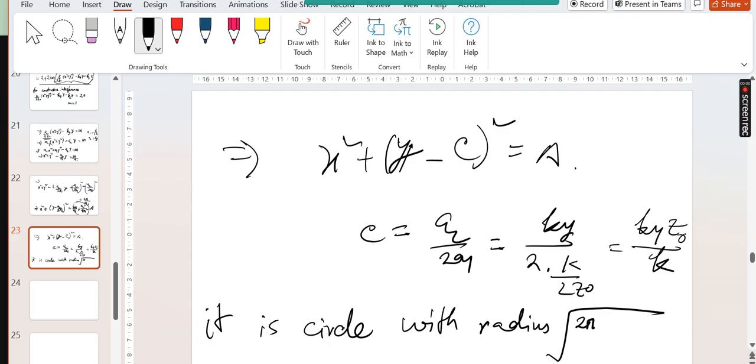2 pi into 2z naught by k plus k y square by 4k square by 4z naught whole square.